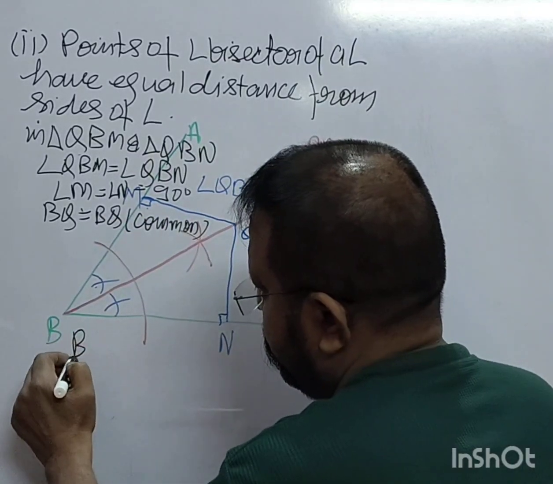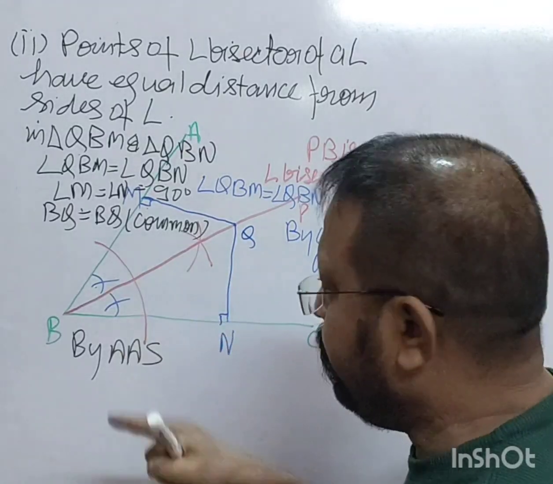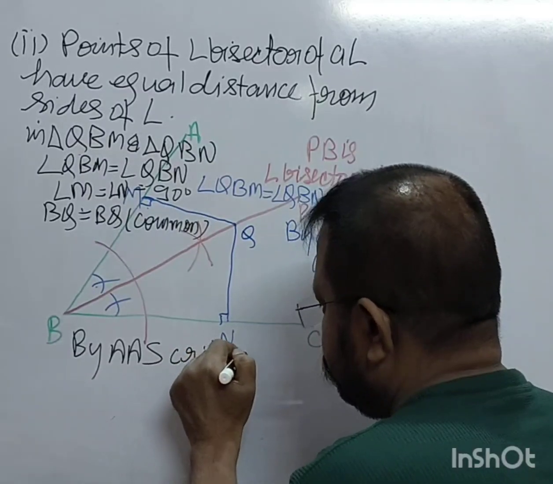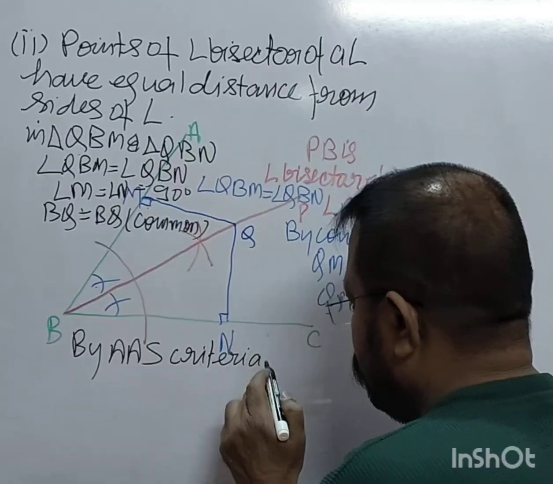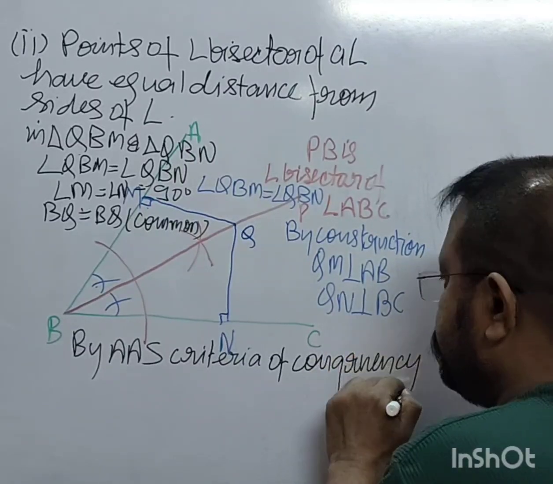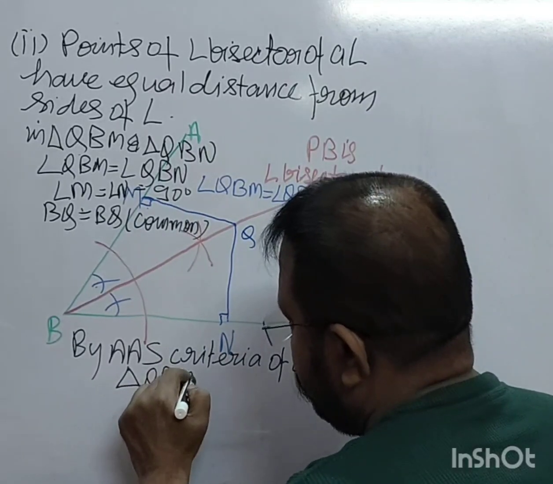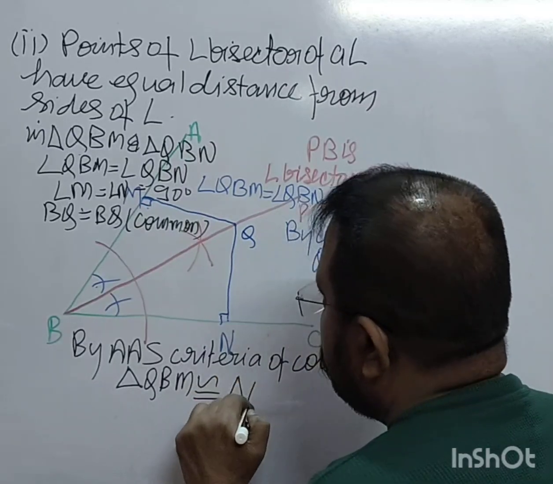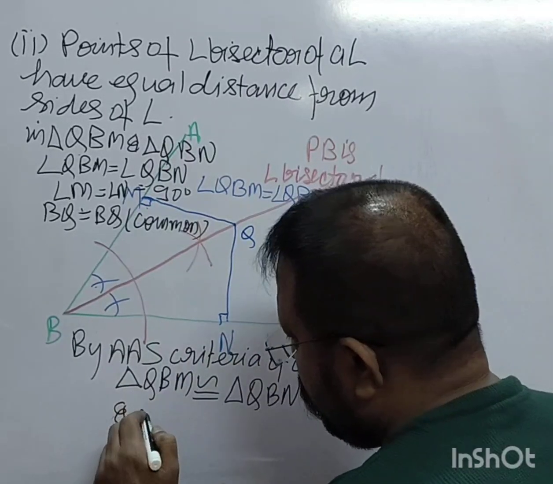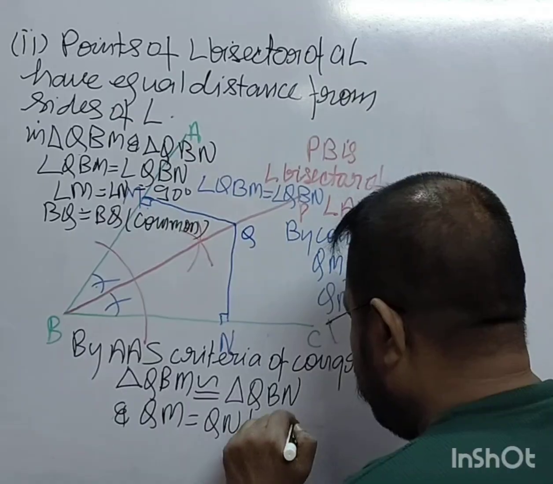So by AAS, angle and a non-included side, by AAS criteria of congruency, triangle QBM is congruent to triangle QBN and QM is equal to QN by CPCT.